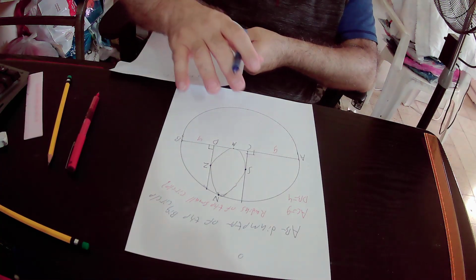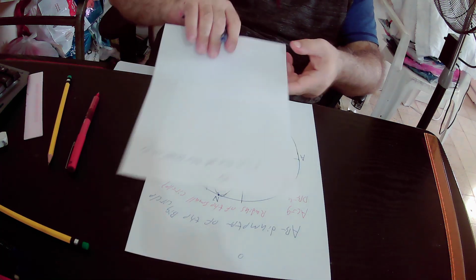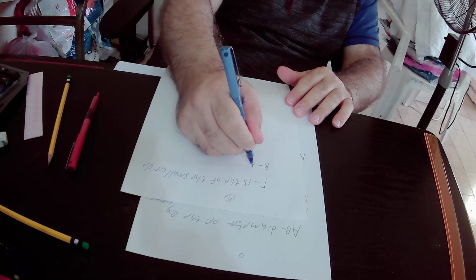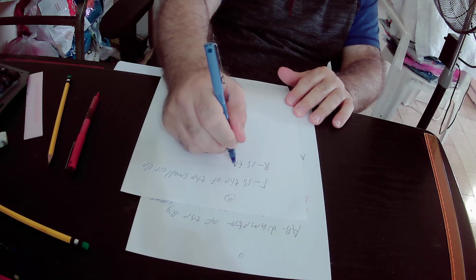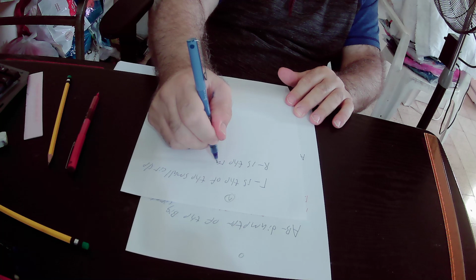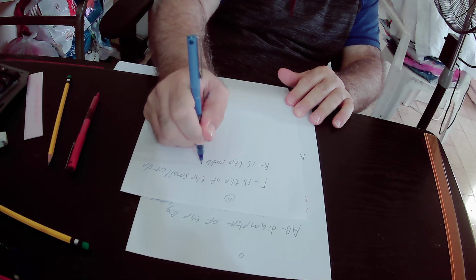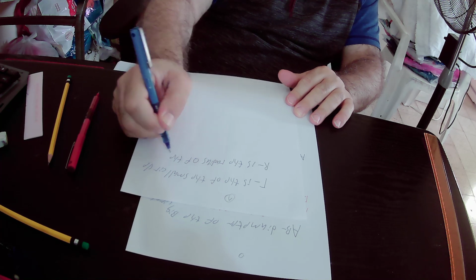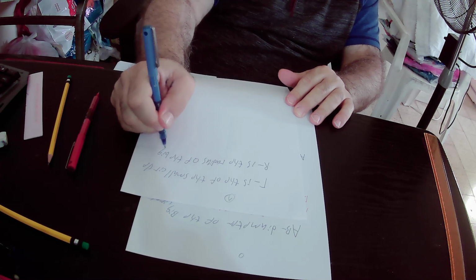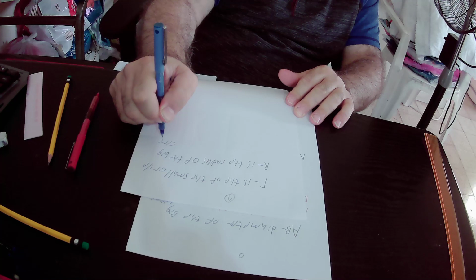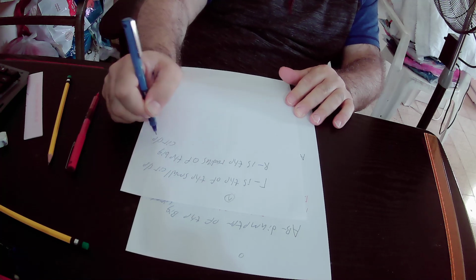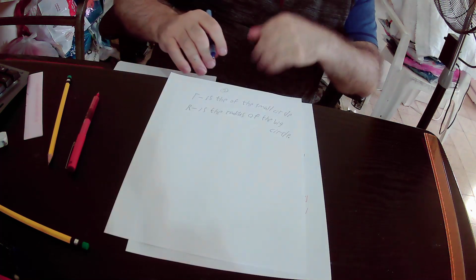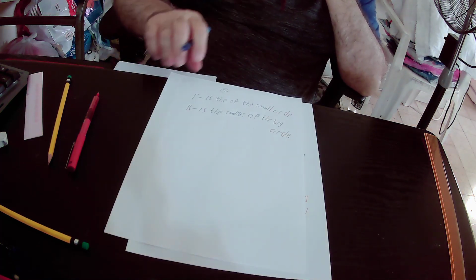Capital R is the radius of the big circle.